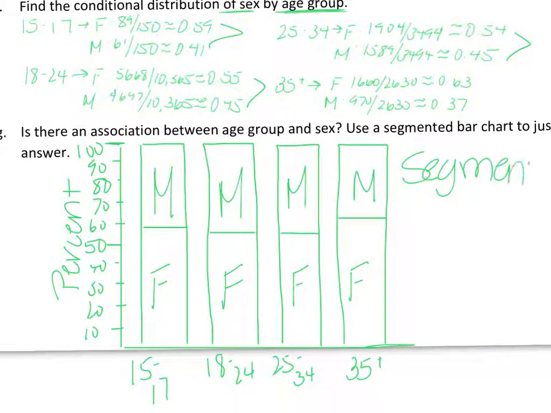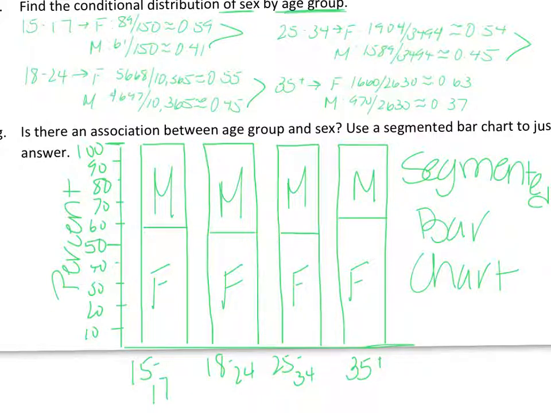And this is used to help us decide whether or not we feel there's an association between these two variables. So we said, if there is an association, that means knowing the value of one variable helps you to predict a value of another. So in this case, knowing that someone was between 15 and 17 helps us to predict whether they are female or a male.